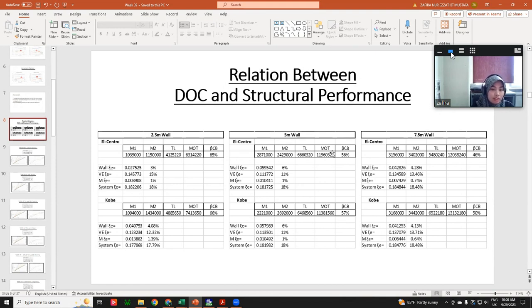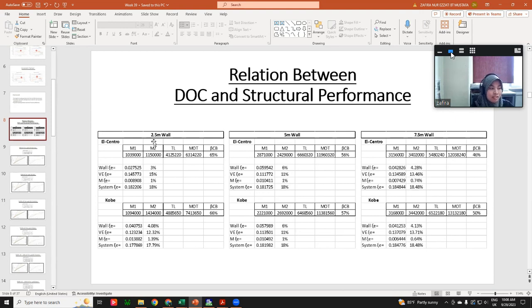For 5 meter and 7.5 meter, the degree of coupling is suitable with the design recommendations. But for 2.5, it is already out of the recommendation. So it doesn't matter how we improve the damping, it's very difficult to achieve the limits.